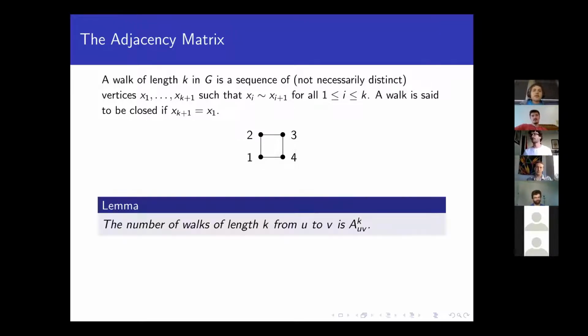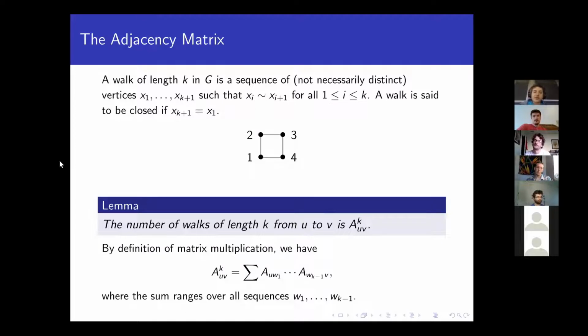A basic observation is that the number of walks of length k from some vertex u to a vertex v is exactly the UVth entry of the kth power of the adjacency matrix. This is just the definition of matrix multiplication. For any square matrix, the UV entry of its kth power is this sum here, where these w_i's range over all possible vertices.